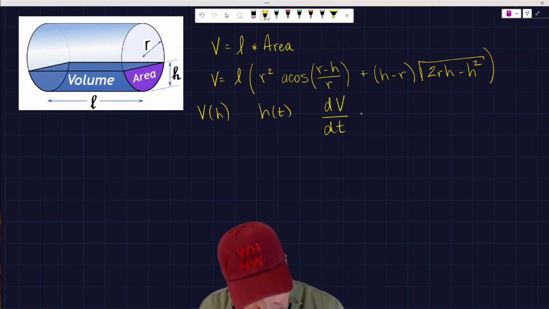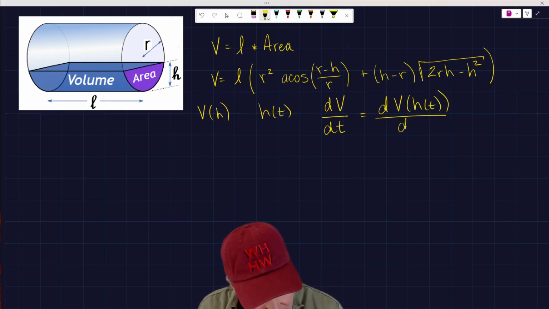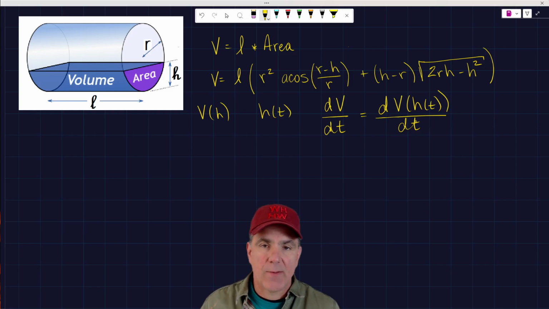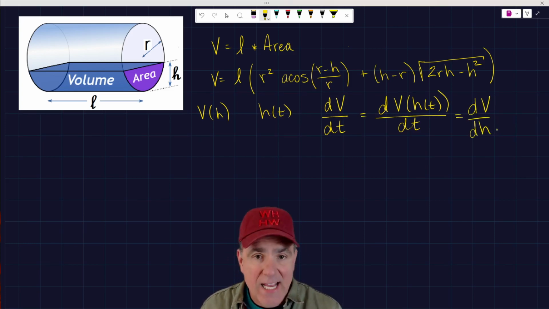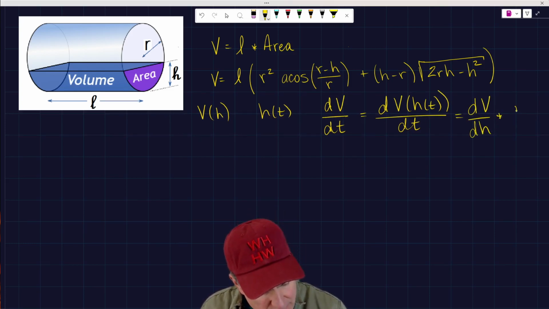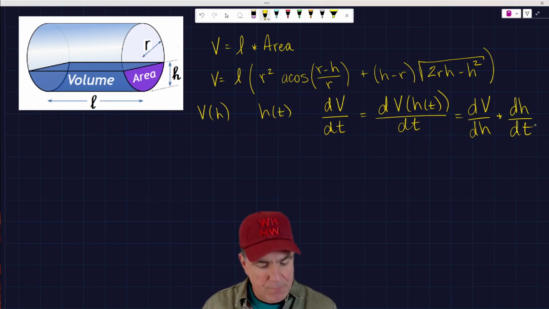Well, to do this calculation, this is going to be the derivative of the volume, which is a function of height, but the height is a function of time, with respect to time. This is what we talked about last week. This is the chain rule. This is going to be equal to the rate of change of the volume with respect to changing height multiplied times the rate at which the height changes with respect to time.